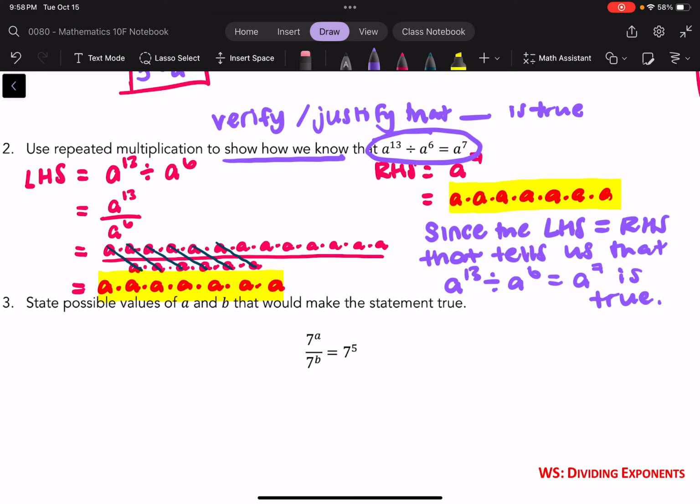You can literally phrase it as, this is what I see, this is what it tells me. That is totally acceptable, totally fine. What we've written is just a slightly shortened, more concise version of that, but it gives us the same information. We said what we saw and what that meant.